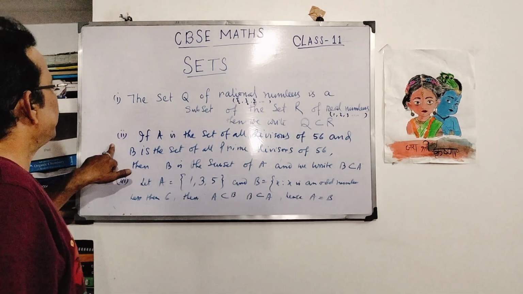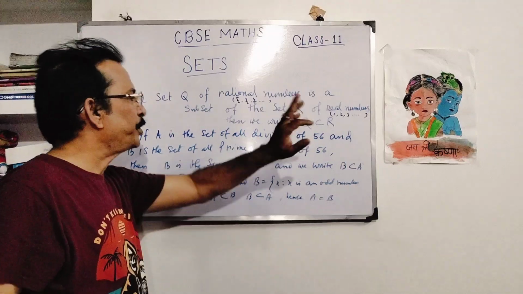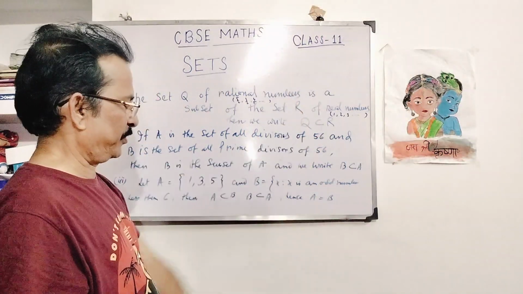The next point: if A is the set of all divisors of 56.